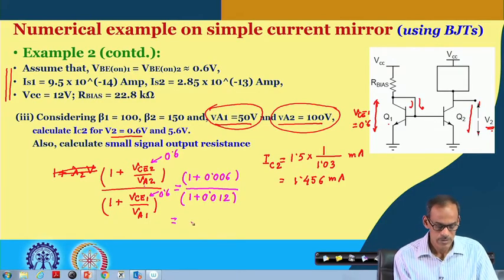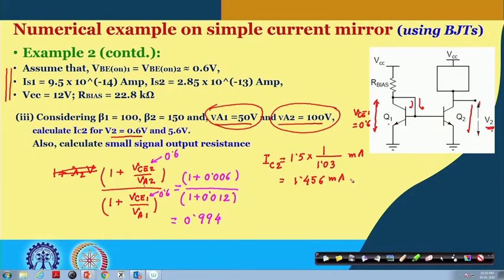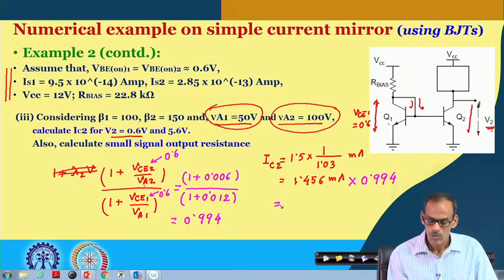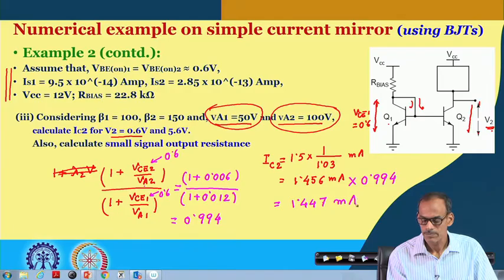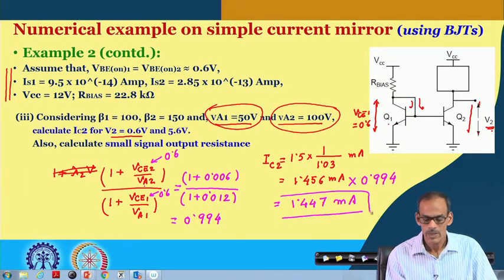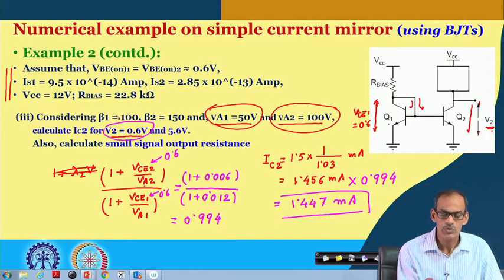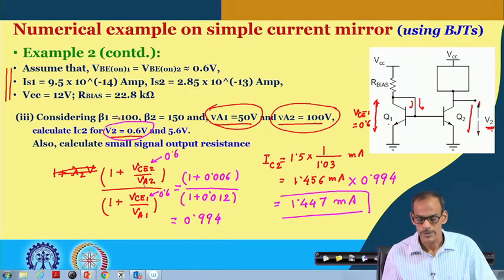So, this is 0.994. So, we need to consider this factor of 0.994, and that gives us the current equal to 1.447 milliampere. This is the case with V2 equal to 0.6.